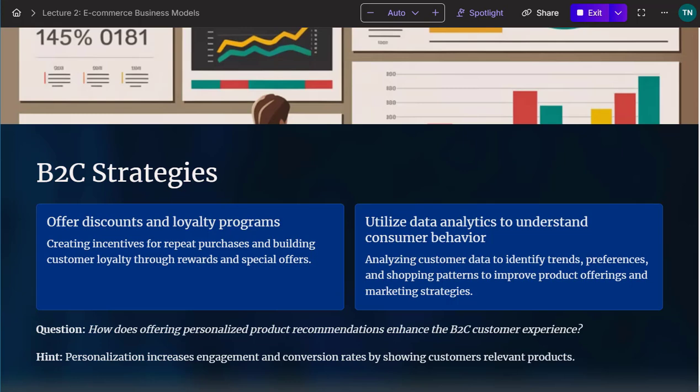Providing personalized product recommendations enhances the customer experience by showing them items that are highly relevant to their interests and past purchases. Personalized recommendations increase engagement and conversion rates by making the shopping experience more tailored and valuable for the consumer. So for the B2C strategy, 2 important things are: offer discounts and loyalty programs, and utilize data analytics to understand consumer behavior.